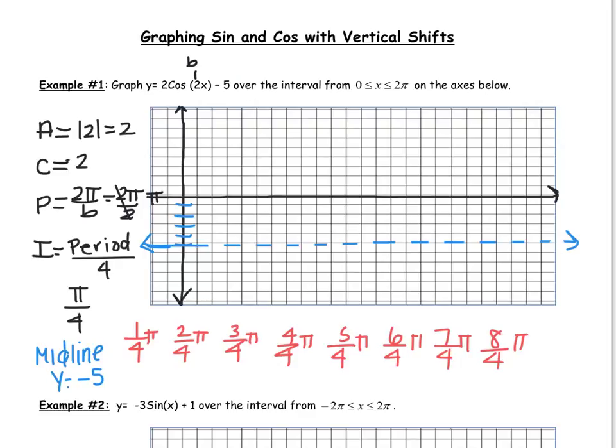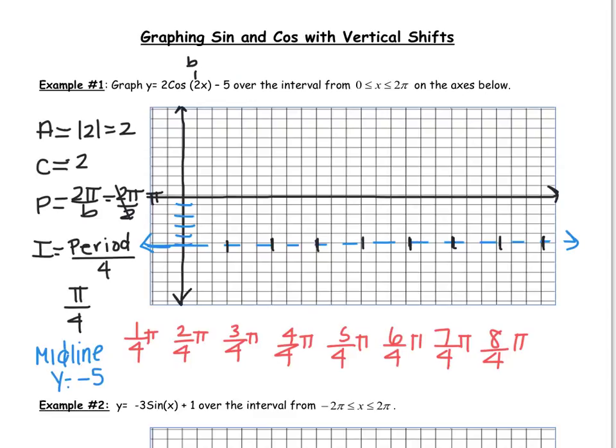And this is where we're going to start our graph now. So I need 8 tick marks though, so I'm going to count by 3s. 1, 2, 3, 4, 5, 6, 7, and 8. So those are my new tick marks.